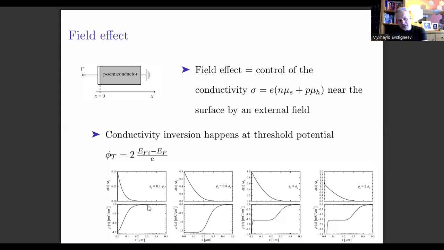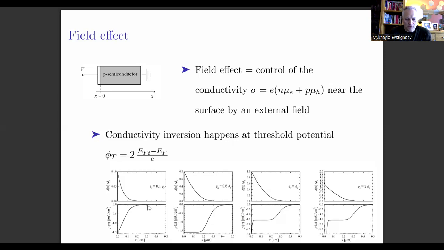Now let us assume that the value of the surface potential is positive. This means that you are pushing away the majority holes, and eventually you will very quickly, at not too big values of the surface potential, create a depletion layer in which you have pushed away the majority holes.